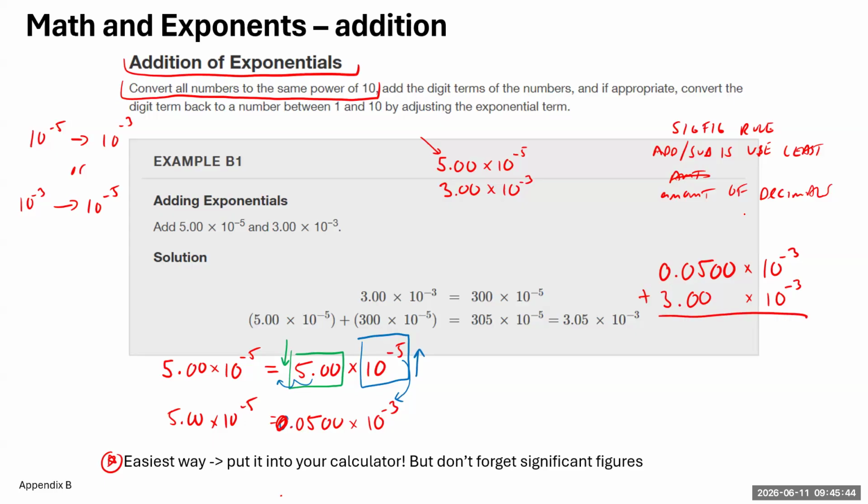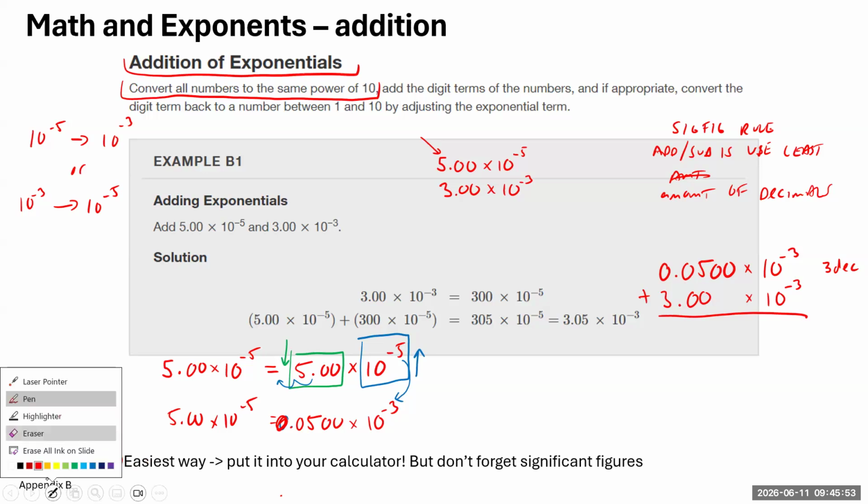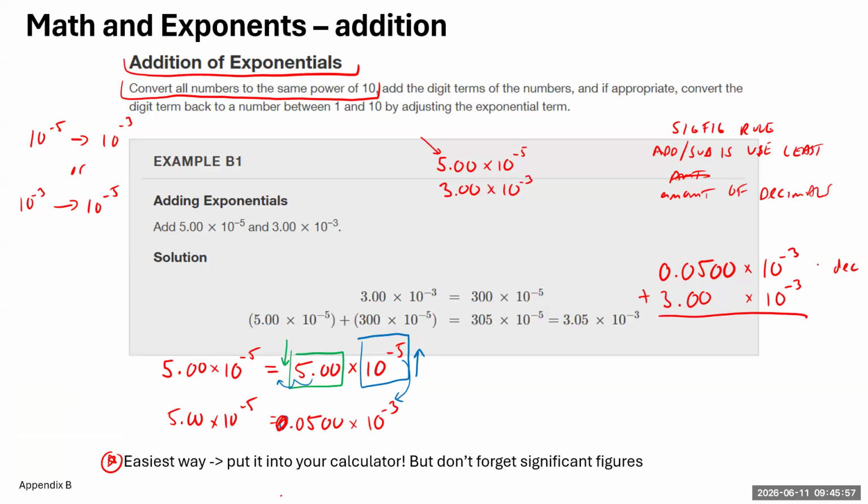All right, so now we're going to use decimals. Here I have 4 decimal places. Here I have 2 decimal places. So our answer should be 2 decimal places.